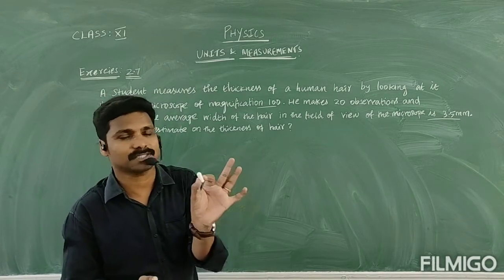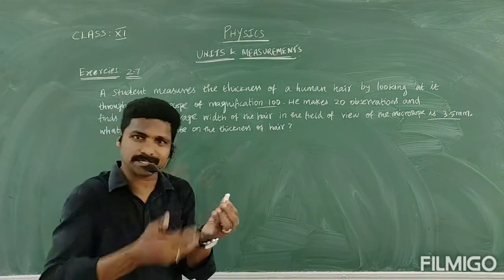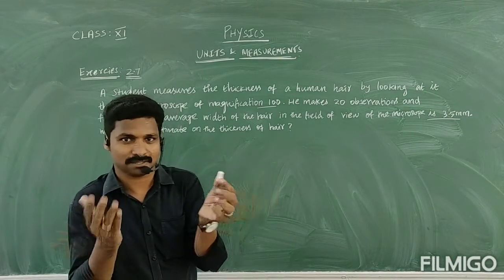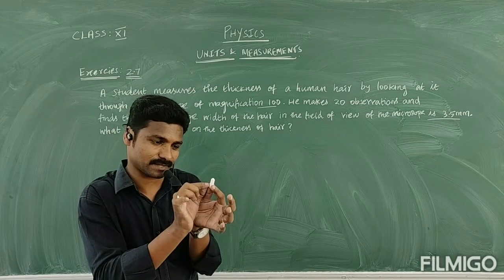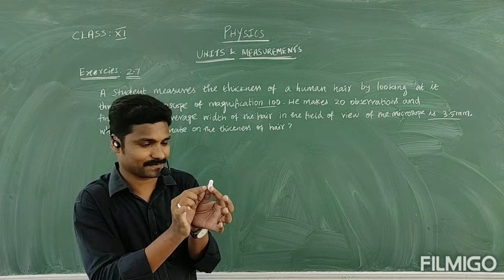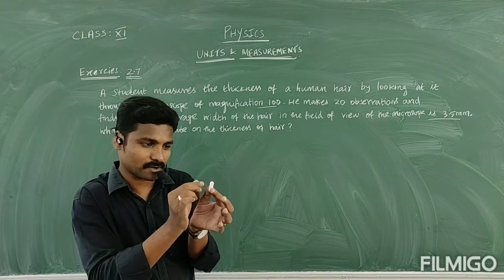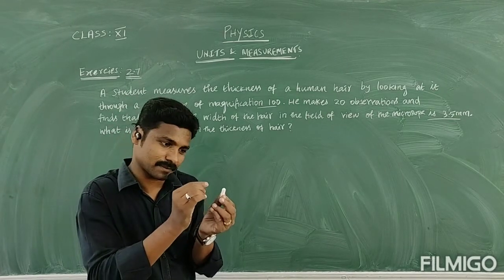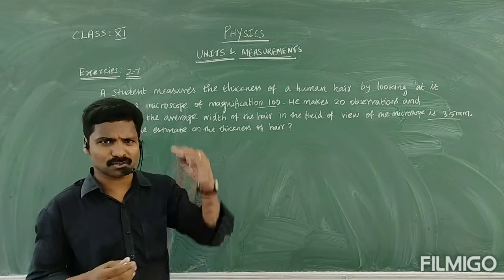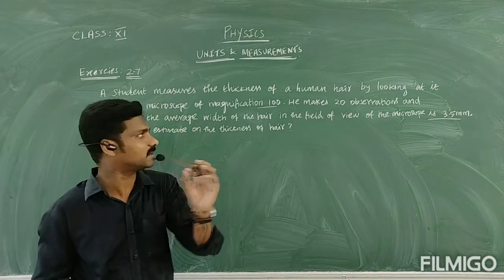For example, suppose the first reading is half millimeter, and the second reading I measure as 2 millimeter, that is absolutely wrong. Suppose first reading 0.5 millimeter, second reading 0.51 millimeter, third reading 0.49 millimeter, that is acceptable. Like that I can measure the thickness of the hair.